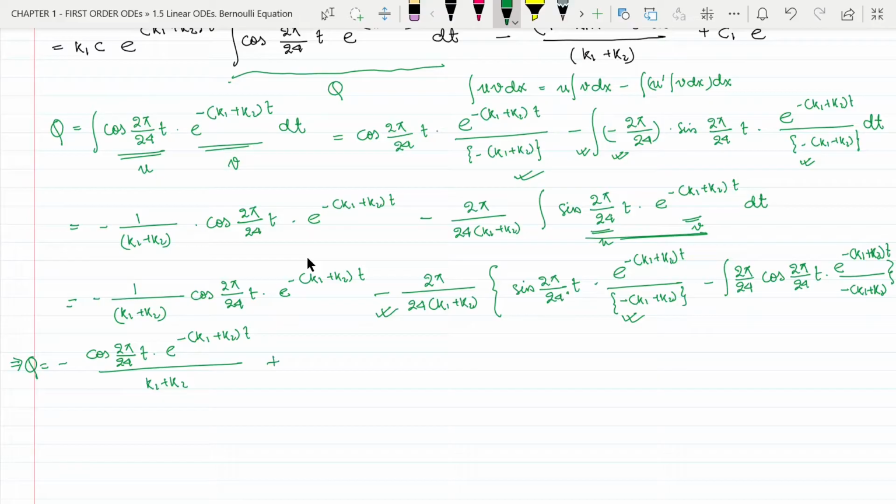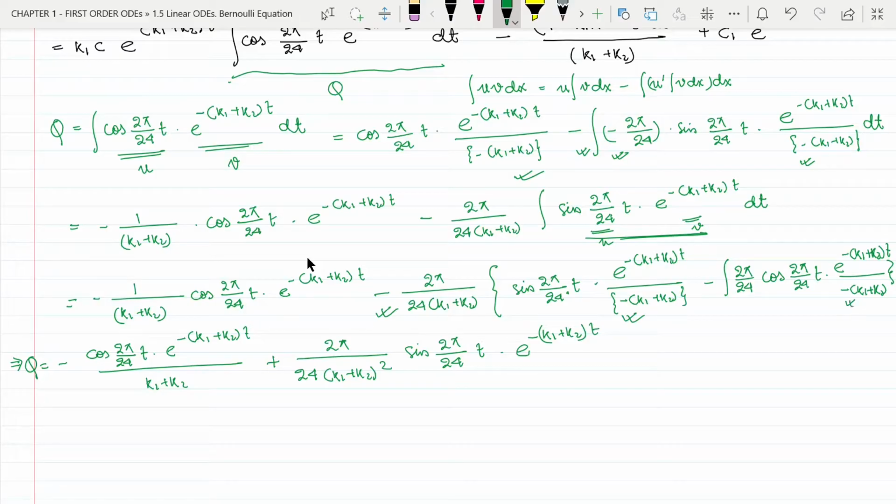So this is plus 2 pi divided by 24 (k1 plus k2) square sin 2 pi by 24t multiplied by e to the power minus (k1 plus k2)t.